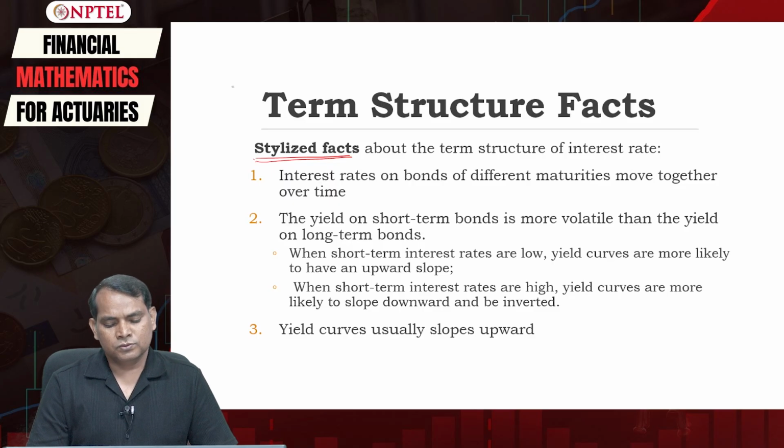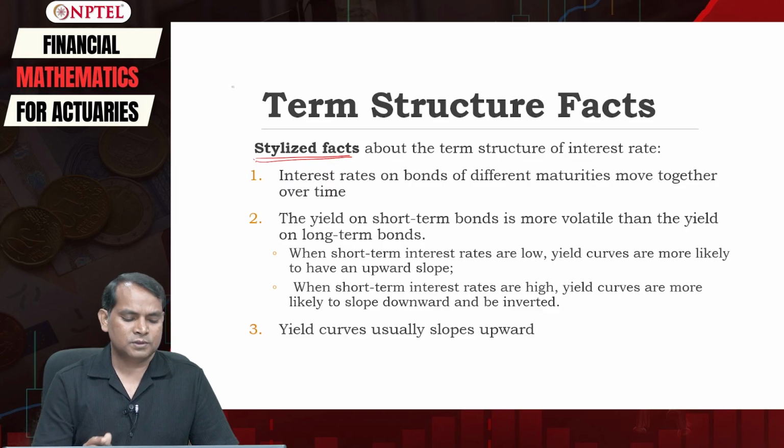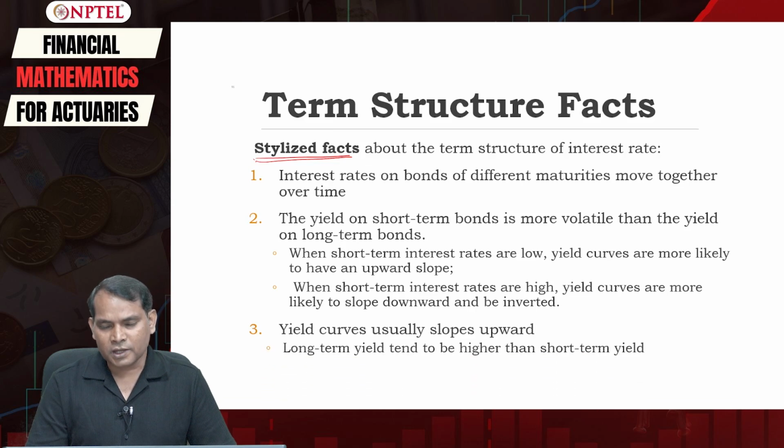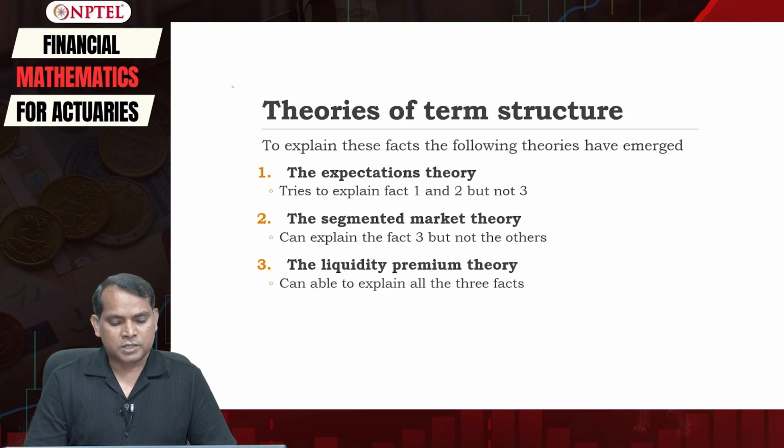So, what is the reason for these three facts or this type of behavior? Why does the yield curve behave in such a way? There is a huge debate in economics. There are some theories that came forward to explain these facts. One such theory is the expectation theory, the second is the segmented market theory, and the third is the liquidity preference or liquidity premium theory.